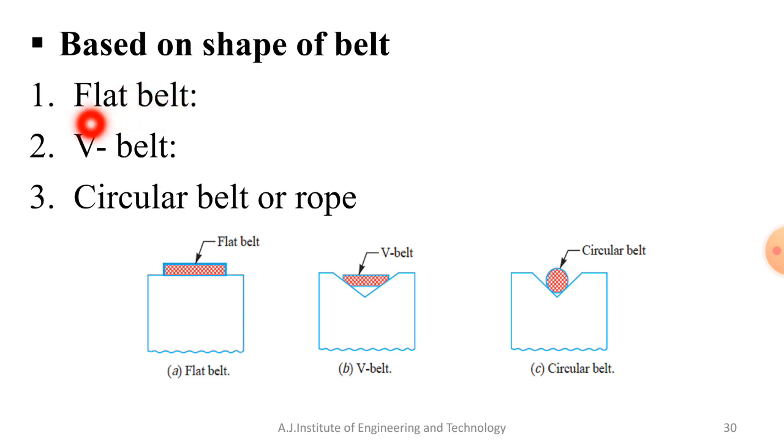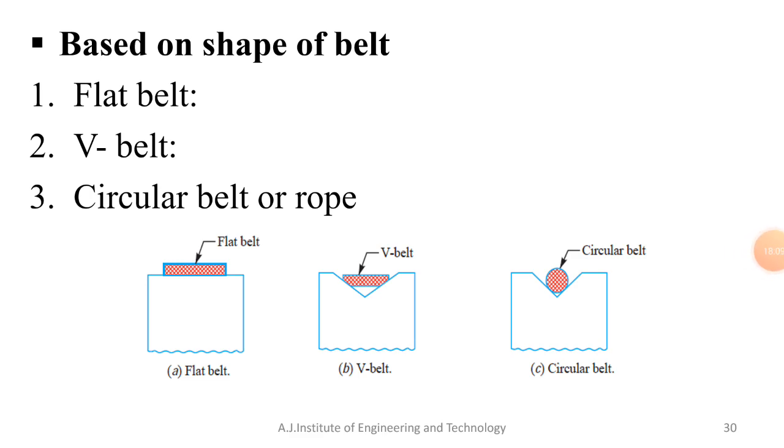Similarly, if you use flat belt or rectangular cross section belt, then we call it flat belt drive. Similarly, we have one more type of belt drive, that is called circular belt or rope. If we use circular belt, or we call it as rope in belt drive, then we call it circular belt drive, or it is commonly called rope drive.